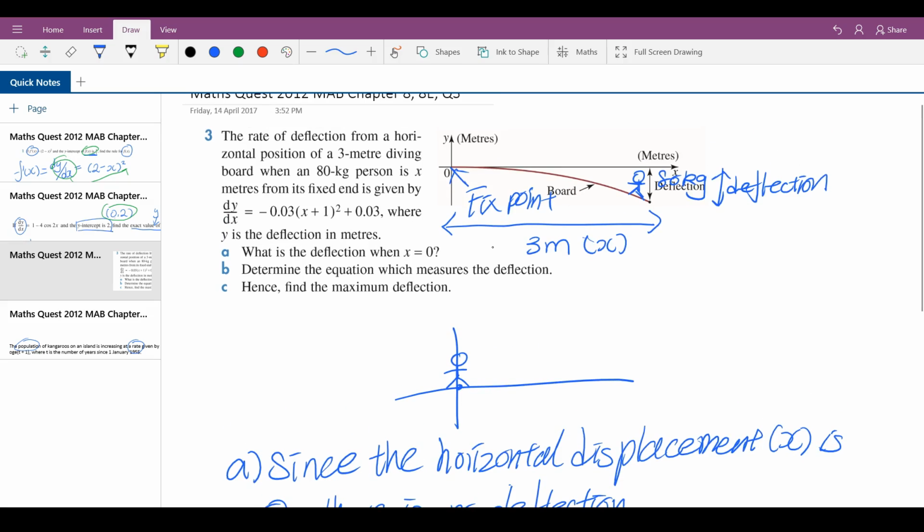Now, remember, the equation we are given is the rate. Let me highlight that. It is the rate of deflection, not the deflection itself.